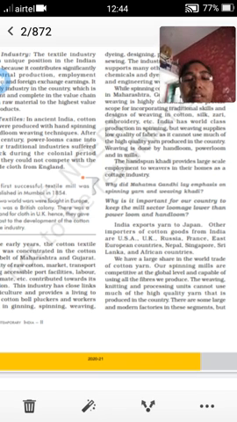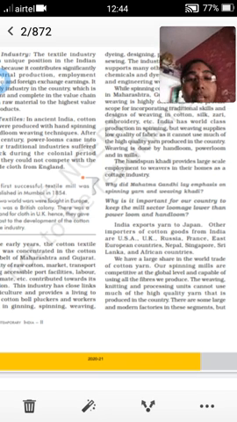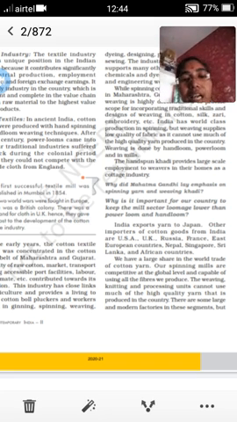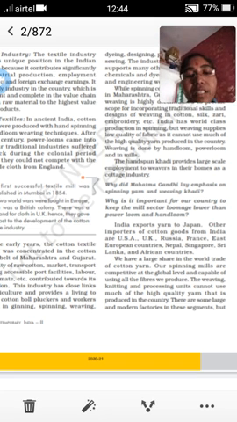Worldwide, our spinning mills are competitive in globalization for cotton yarn. In that competition, they are producing very high quality yarn in our country.